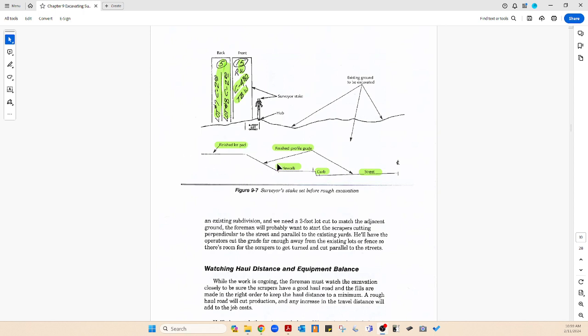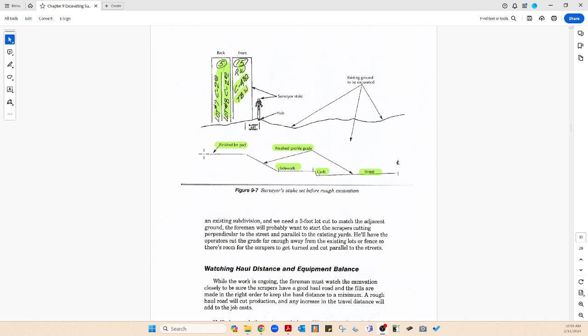They're cutting this way. He'll have the operators cut the grade far enough away from the existing lots or fence so there's room for the scrapers to get turned and cut parallel to the street. So they've got to go one way and then get turned and be cutting parallel to the streets.